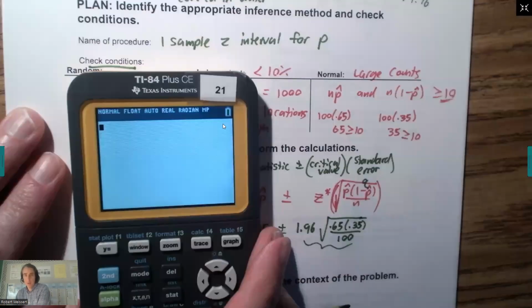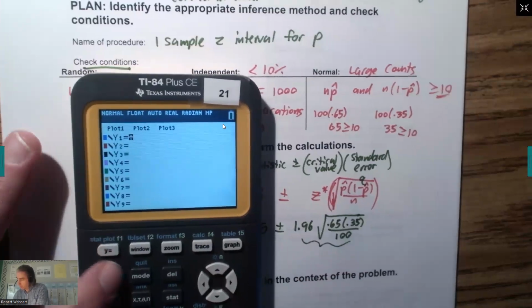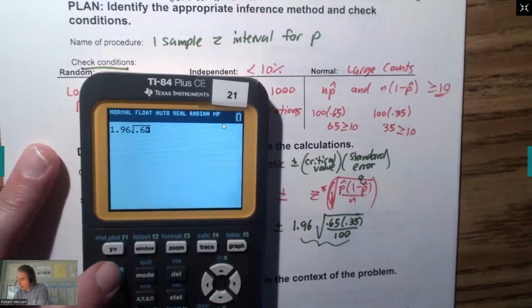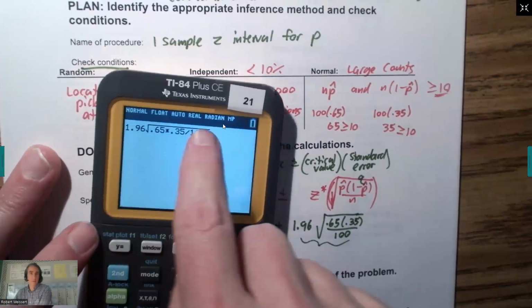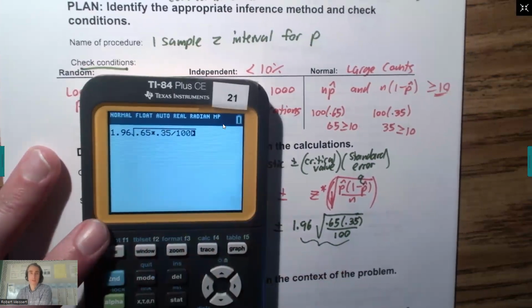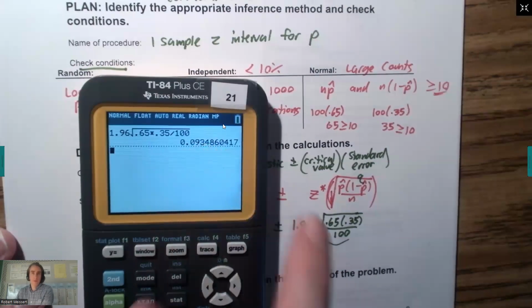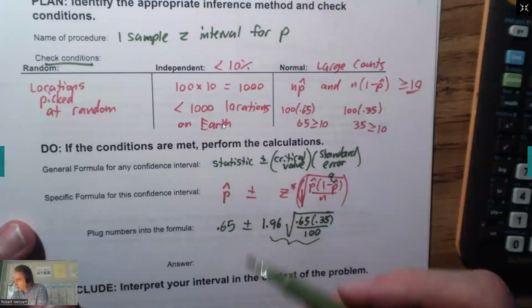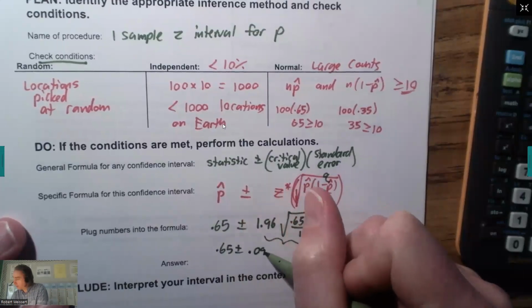So I'm going to go ahead and type 1.96 square root 0.65 times 0.35 divided by 100. Notice I didn't need to use parentheses here because I didn't do 1 minus, so I just threw it all in. And I'm getting a margin of error of about 9.34%. I'll just say 0.093. No need to go out too far. So 0.65 plus or minus 0.093.